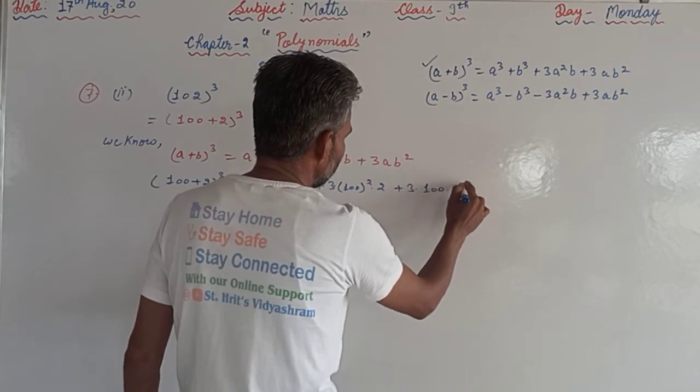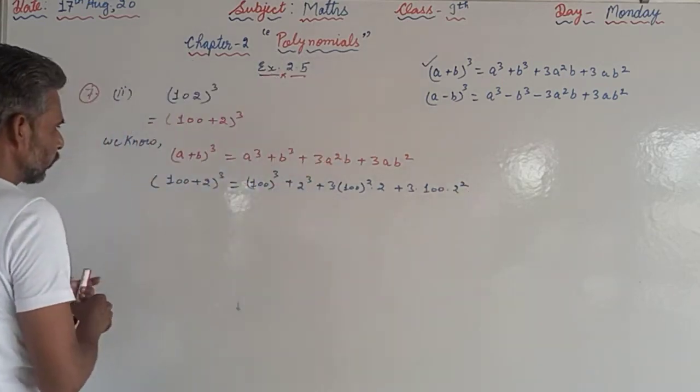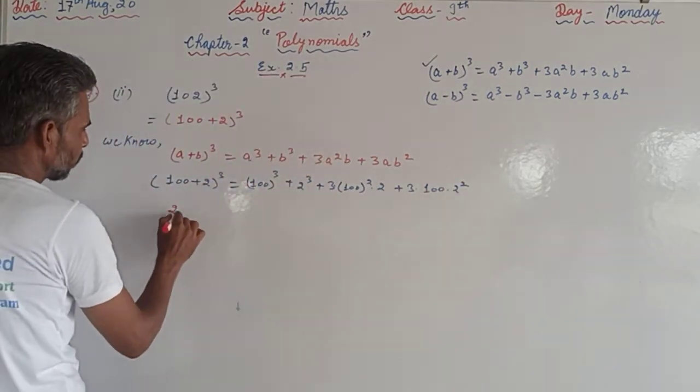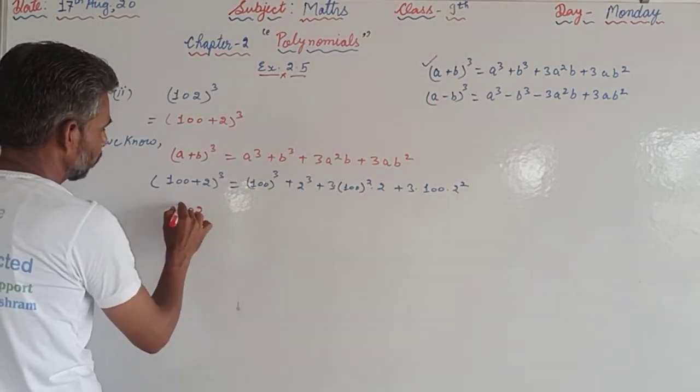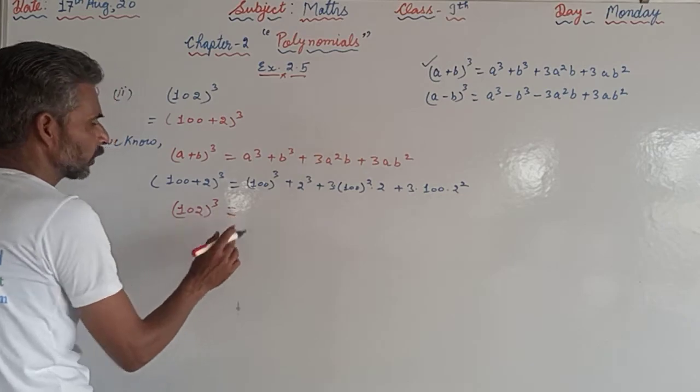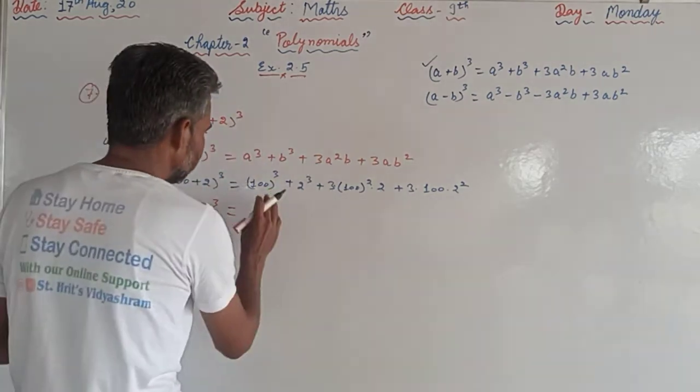So we will calculate 100 plus 2, that is 102 cube, that we have to calculate, and we will calculate on the right hand side.